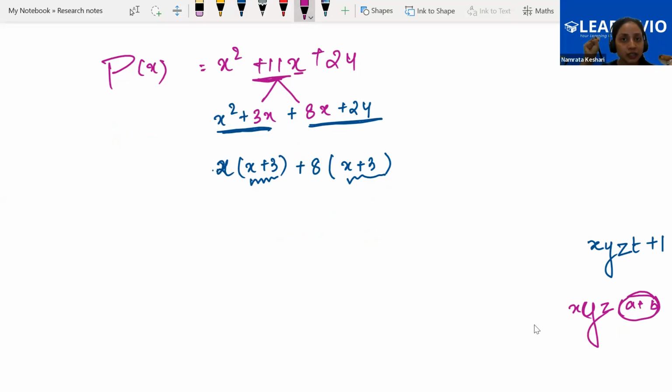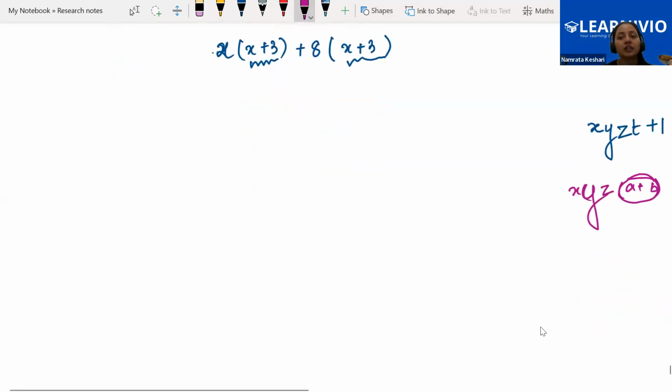So x, y, z and a plus b are all just multiplied with each other. There is only one term. Suppose the bracket is not there, then x, y, z, a plus b: one term, another term. Two terms we are having. Are you getting it?